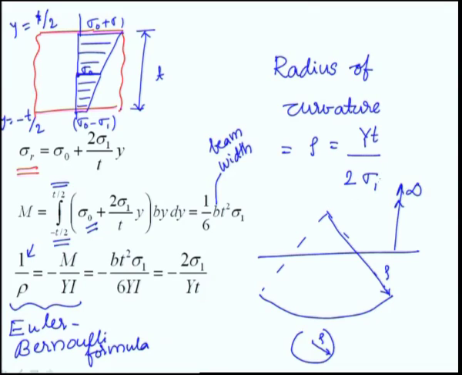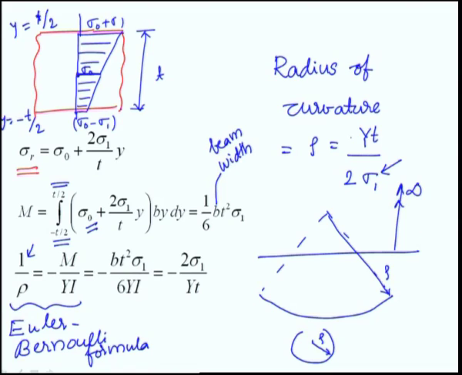When residual stress gradient is very large, then rho will be small, meaning that it bends more. But if E, the Young's modulus, is very large, then even when residual stress is more, the overall quantity may still be large, in which case it may remain flat or bend only a little. If thickness is more, radius of curvature is more, it will resist bending.